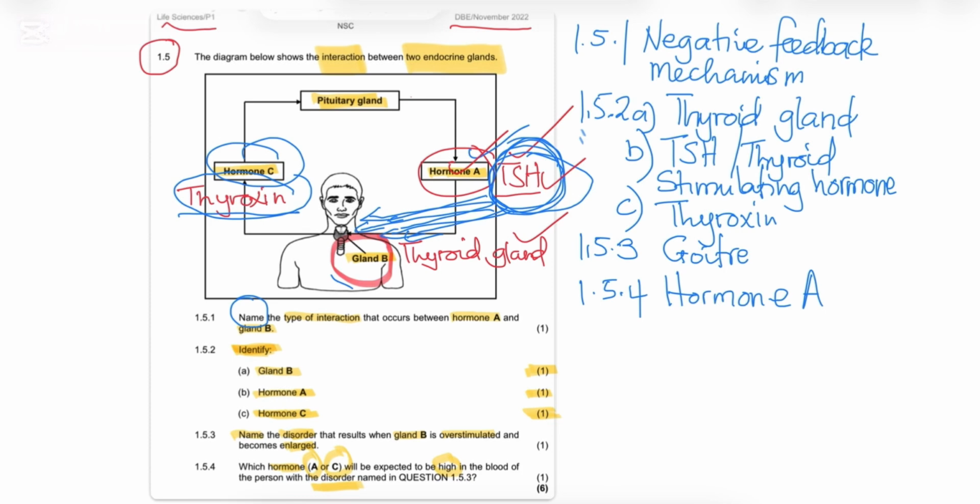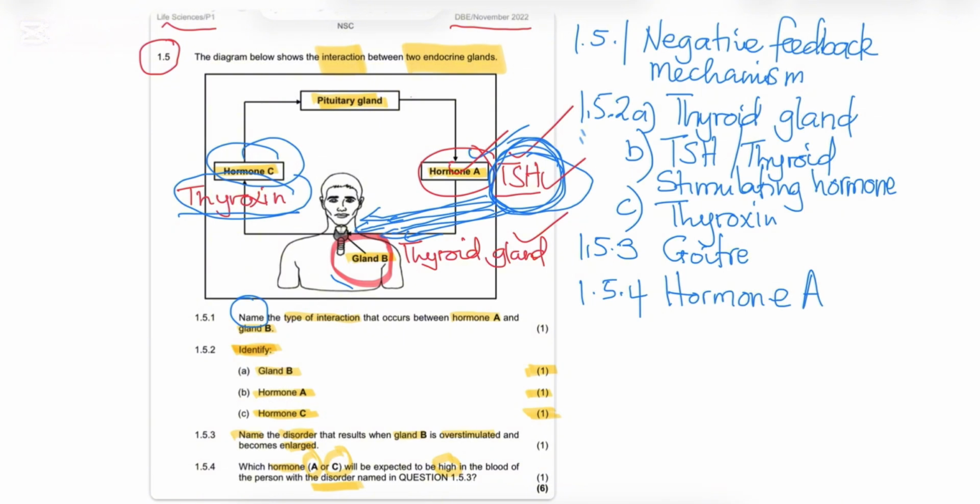When thyroxine levels become sufficiently high, thyroxine is also going to provide negative feedback that will reduce stimulation from the pituitary gland. And this helps maintain a stable internal environment in terms of thyroxine levels in the blood.